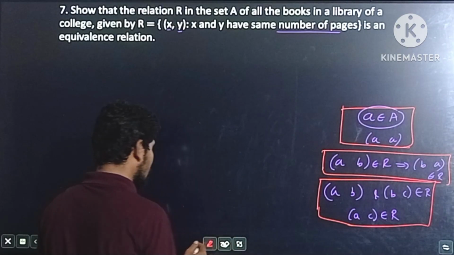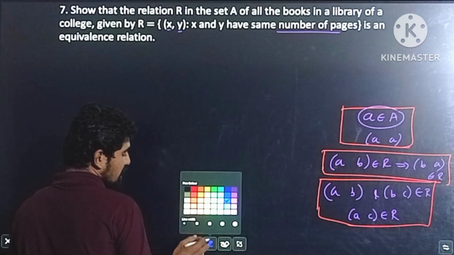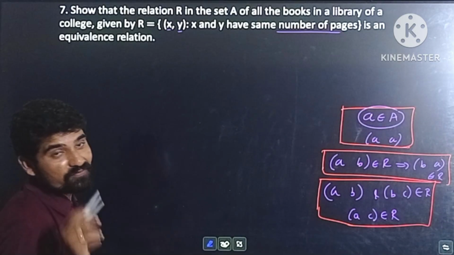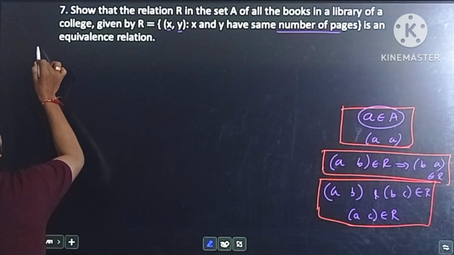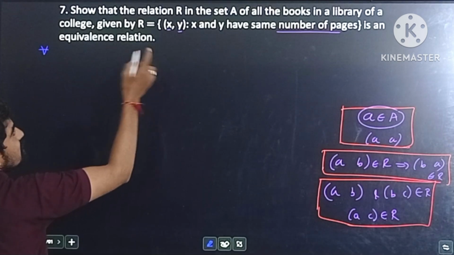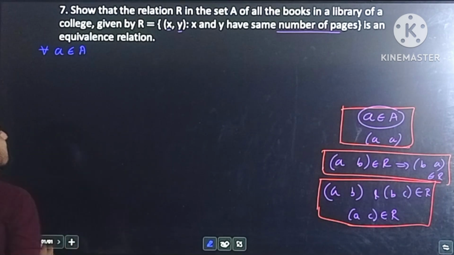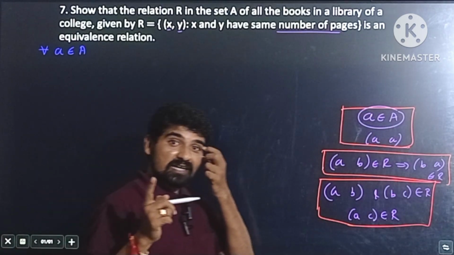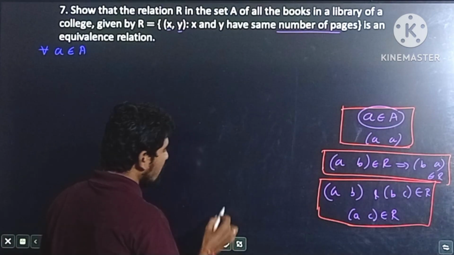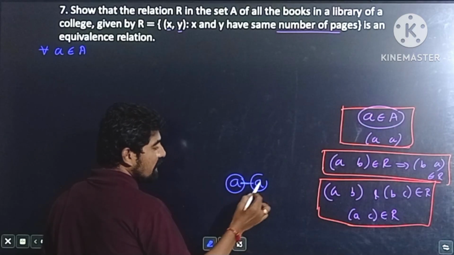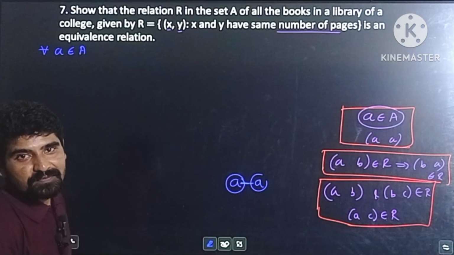So here we need to prove that this relation is an equivalence relation. First, we need to prove the given relation is reflexive. For that, consider the elements in the set A. For all a belonging to the set A, a is one of the books. If you compare a with itself, a and a have the same number of pages.